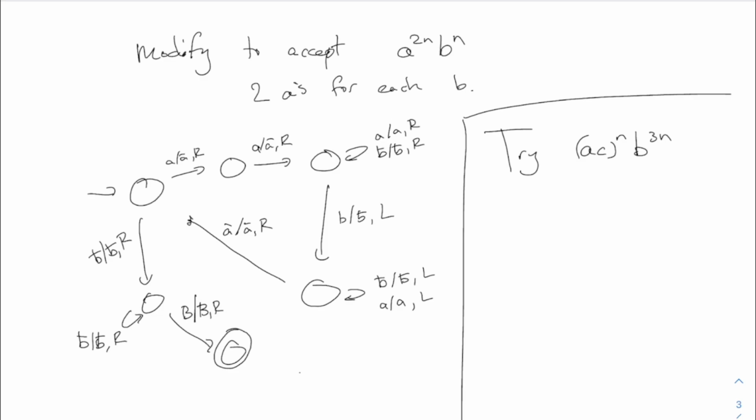The way I would think of this in terms of the marking is, at the beginning you mark, every time you go through, you have to mark A with a C at the beginning. And then at the end, this should match up with 3 B's. That's how I would think this through. See if you can make the diagram for that.